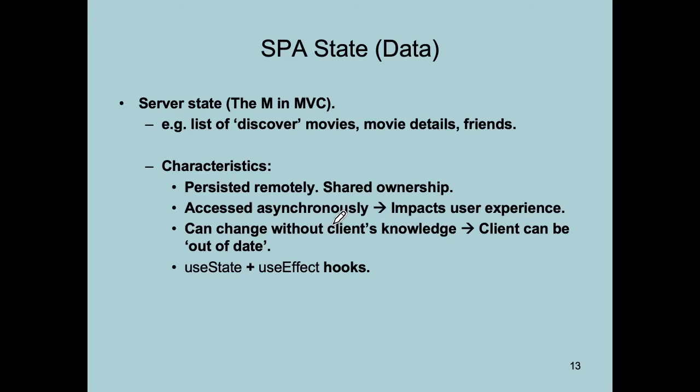So they may not be, and hence they may be working with stale data or old data. That's a problem, I guess. And we use the useState and the useEffect hooks to implement accessing, retrieving, and storing server state, which we know about.